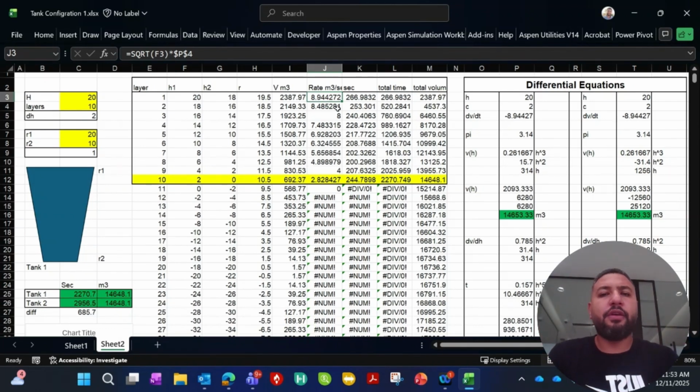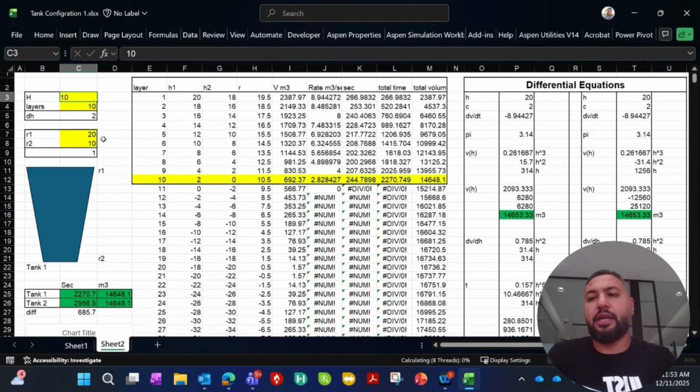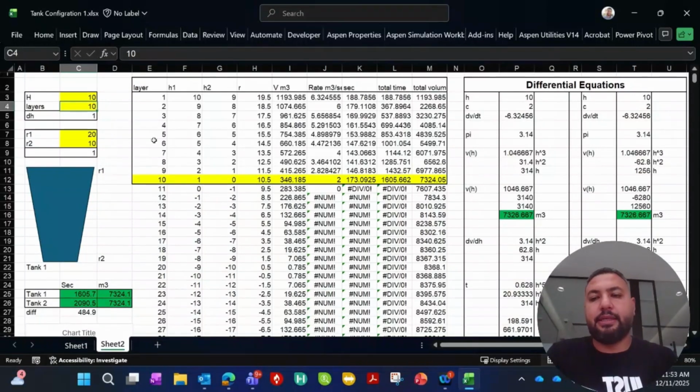If we do this for the 10 layers, we can see that for this tank, it needs this amount of time to release this amount of water. And if we change the total height, again, we can see some numbers here.